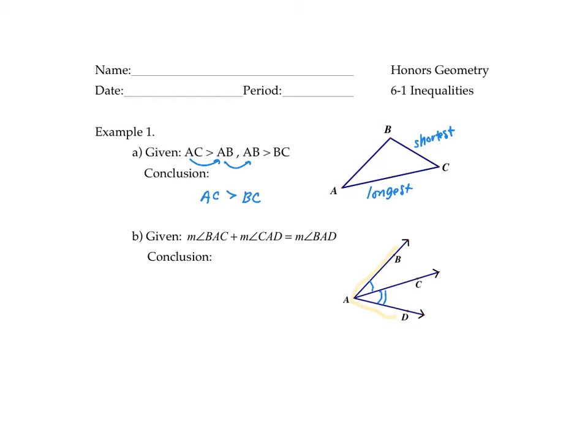So we can conclude from this that the measure of angle BAD, that whole angle, is definitely greater than the measure of angle BAC, which is just one part of the angle, and the measure of angle BAD is also greater than the measure of angle CAD.